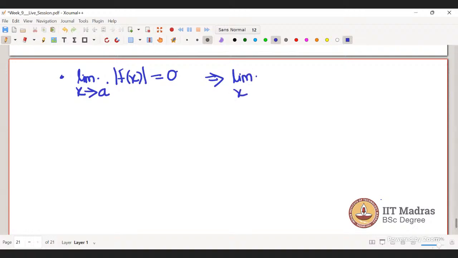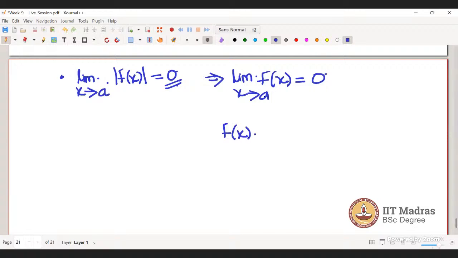So the thing is, this part is really crucial. The 0. Because it's not true if you get some non-zero value, you cannot apply this. Sorry, what did you say?